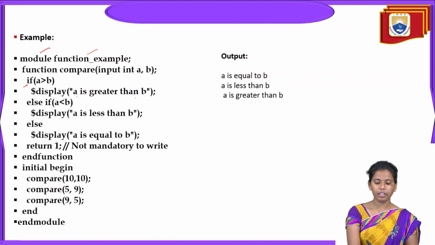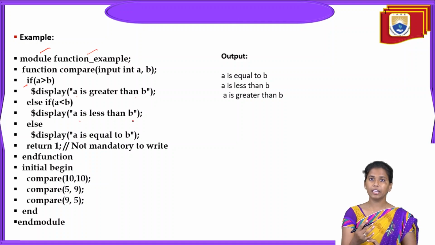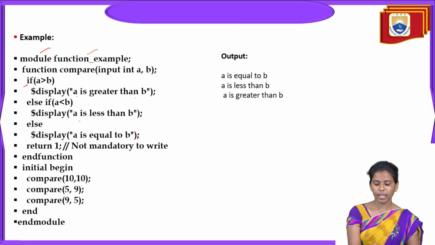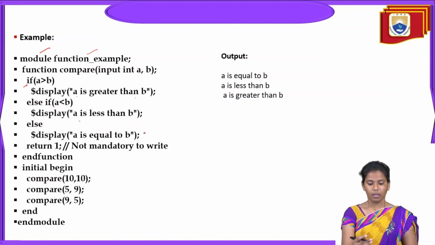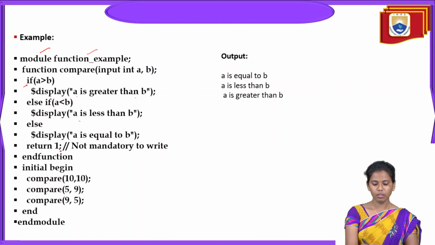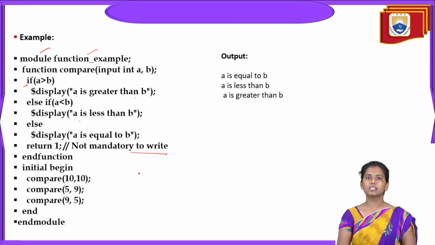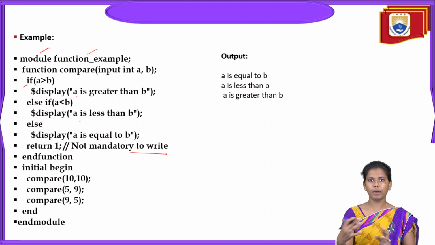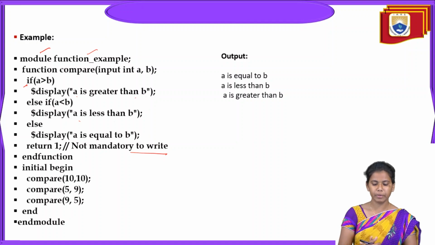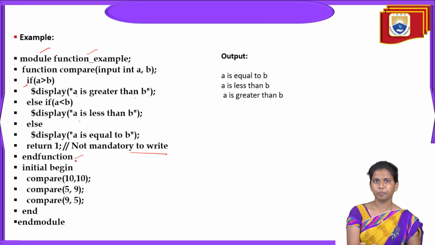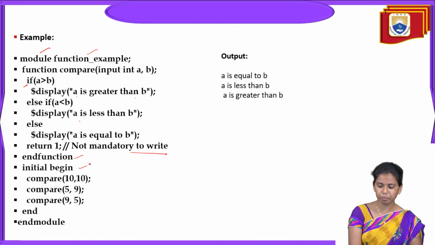Then if A is less than B, we get A is less than B. And if A is equal to B, A is equal to B. Then return 1. In the return, it is not mandatory to write the statement or comment pertaining to that. Then end function. Then what I am doing is initial begin.